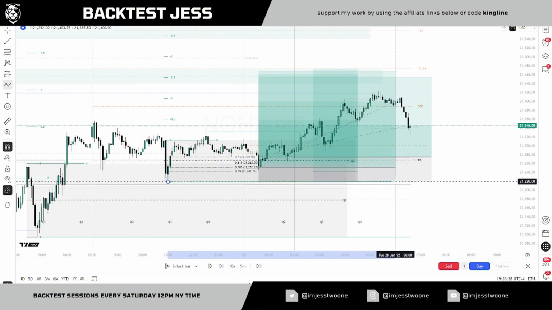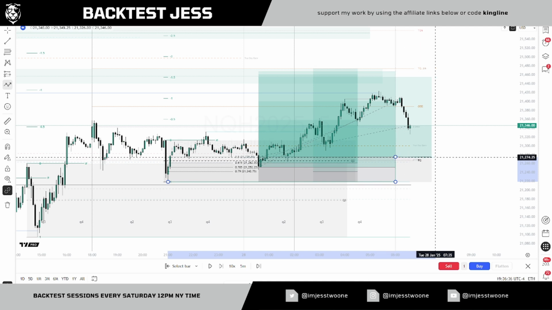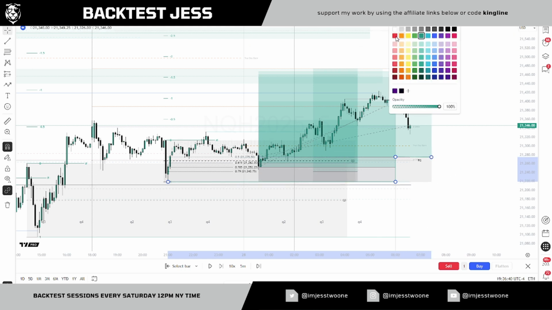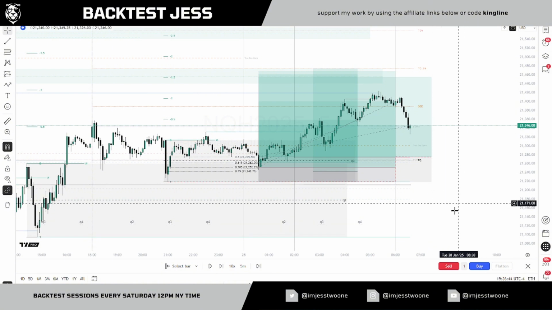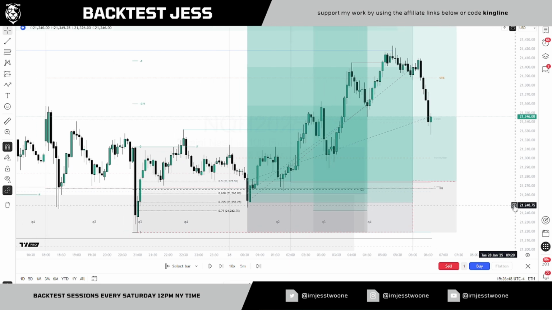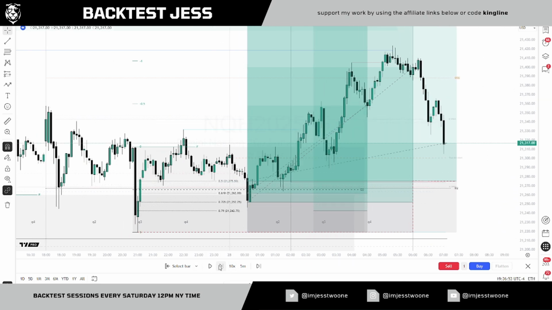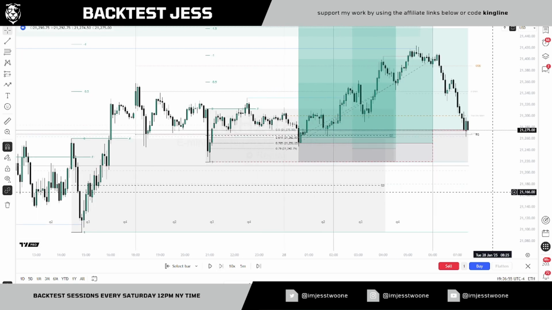So right at the 6 a.m. open, I'll trail to break even here, even though we haven't hit 1.5. And then we shall continue. I think we're gonna get stopped based on what we saw on the higher time frame. And break even it is.